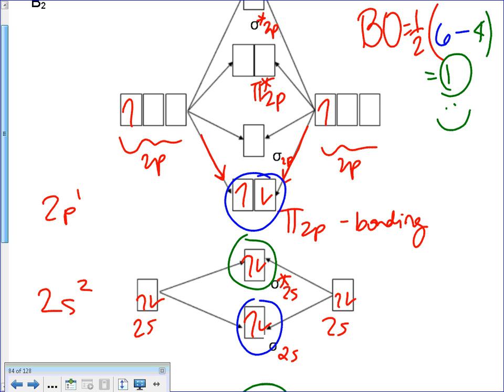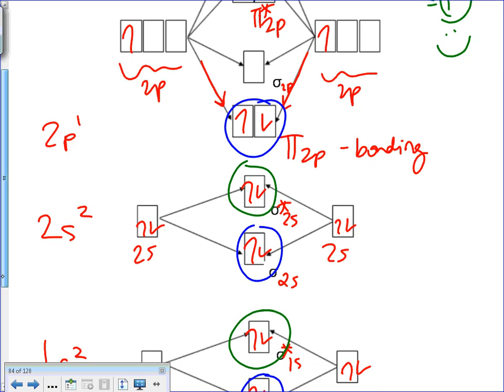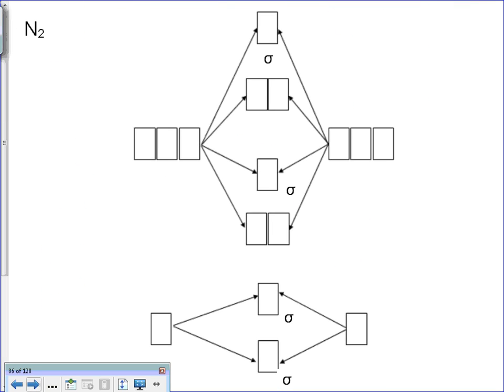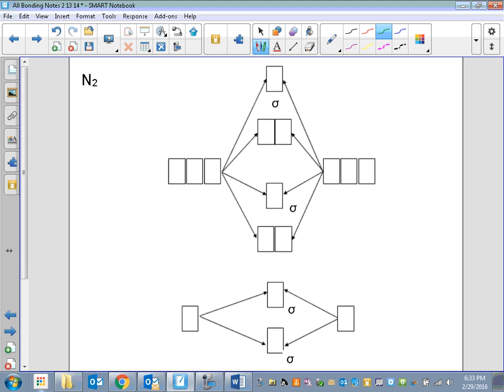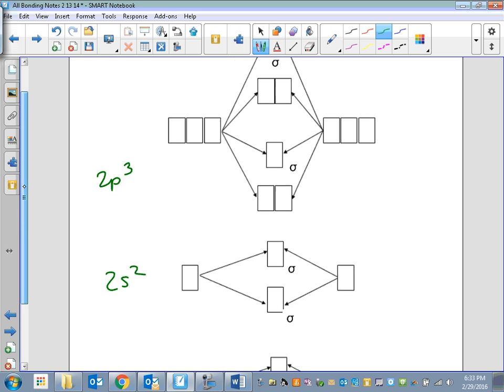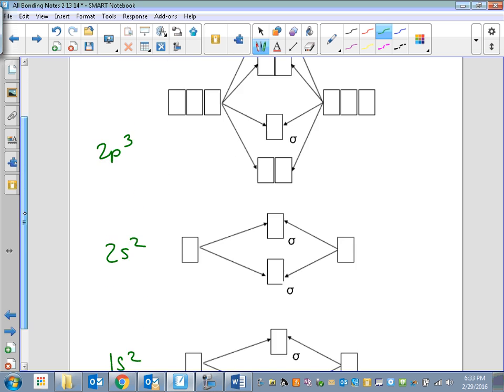Okay, so I'm going to go ahead and move on to nitrogen, and then I'll do an oxygen one. And there are more for you to practice as needed. So diatomic nitrogen. Quickly, again, we can do the entire system as a whole, where we have 1s2, 2s2, and then 2p3 electrons from each of the nitrogen atoms coming together. Remember, there's one on the left and one on the right.